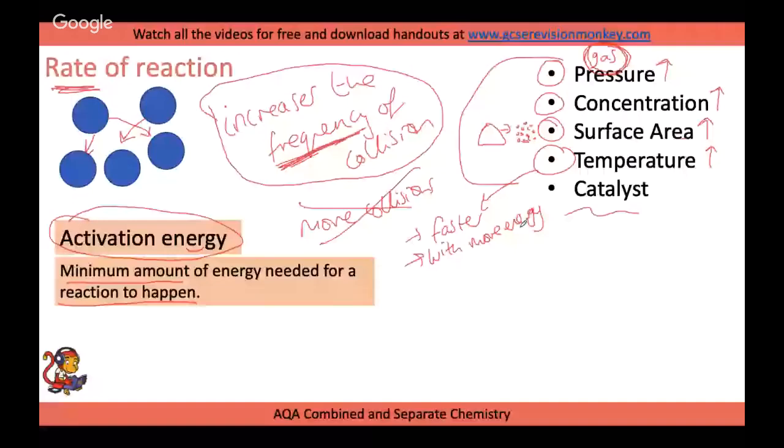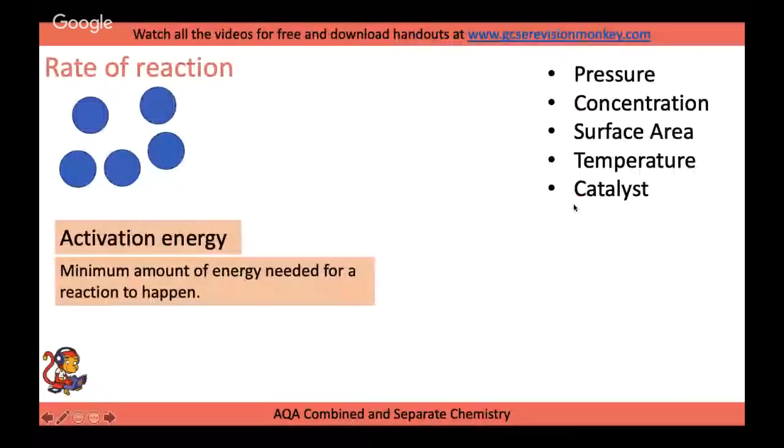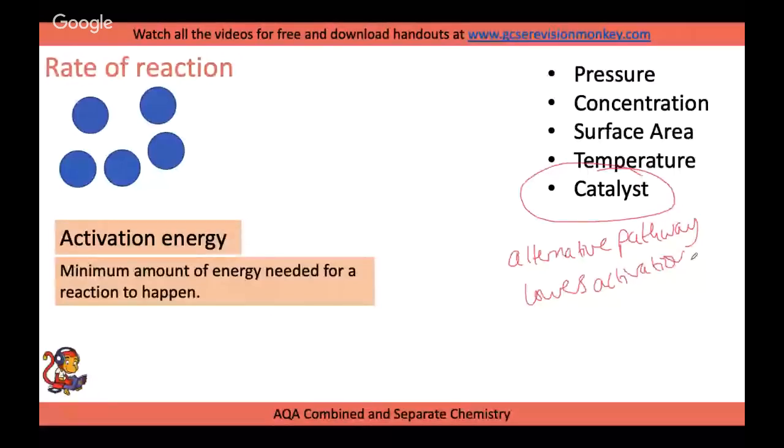A catalyst, we'll talk about catalyst a little bit more later on, but this is something that's not used up in the reaction, but it provides an alternative pathway. This is the GCSE definition, an alternative pathway that lowers the activation energy. And that just helps the reaction happen that little bit quicker. But we'll come back to a catalyst later on as well.